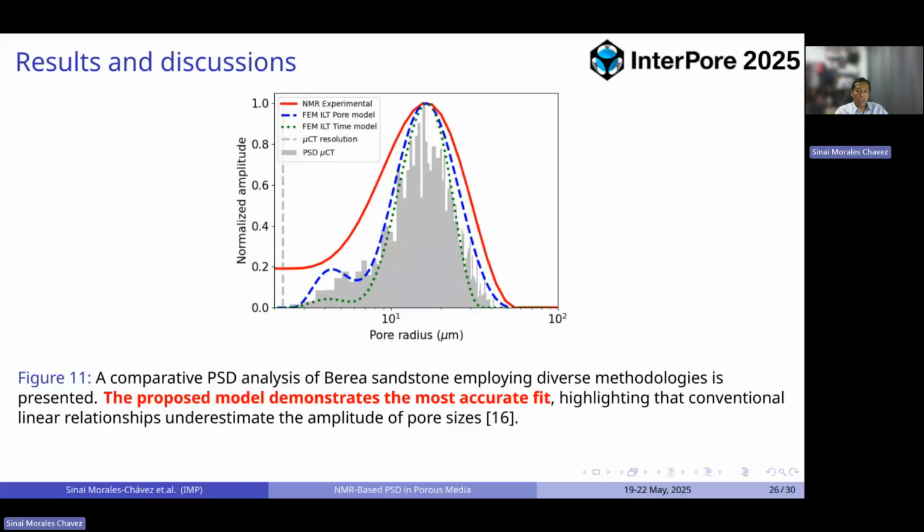In contrast, traditional methods that relied on a linear T2 to radius relationship tend to underestimate the amplitude for large pores and oversimplify the structure of the distribution. These findings reinforce the importance of incorporating bulk relaxation, diffusion effects, and variable transformation into the inversion process, even under the assumption of classical fast diffusion regime.